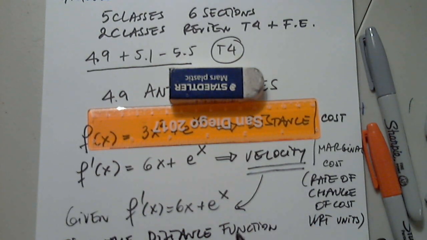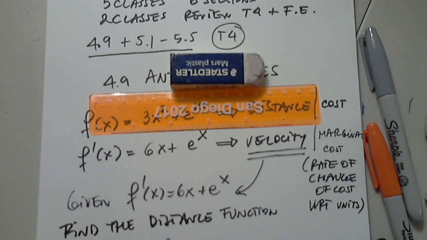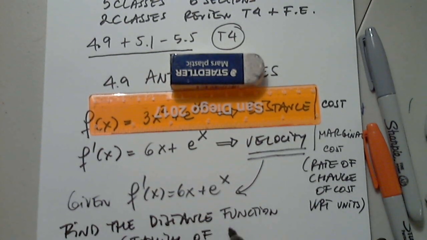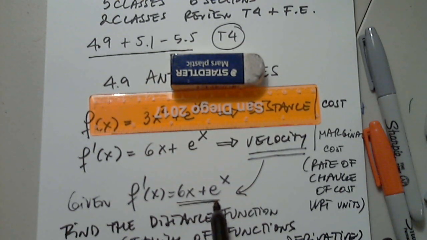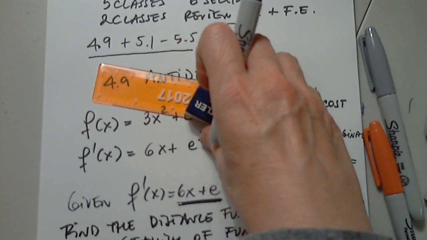So let's suppose this is the velocity, and they're asking us now, find the distance function. The correct question here would be a family of functions with the same derivative, exactly. Family of functions with the same derivative. Which derivative? This. Okay.